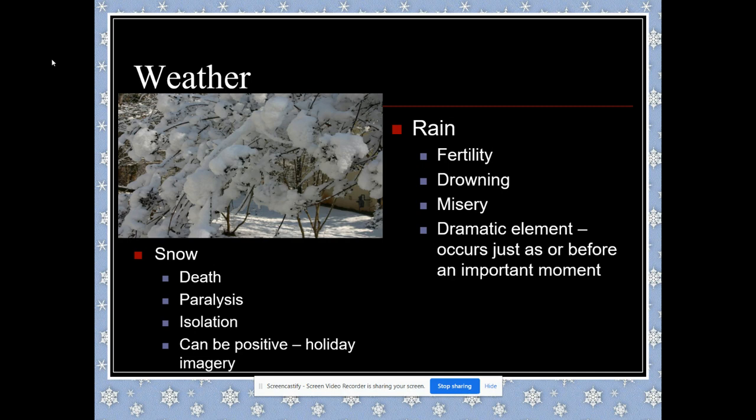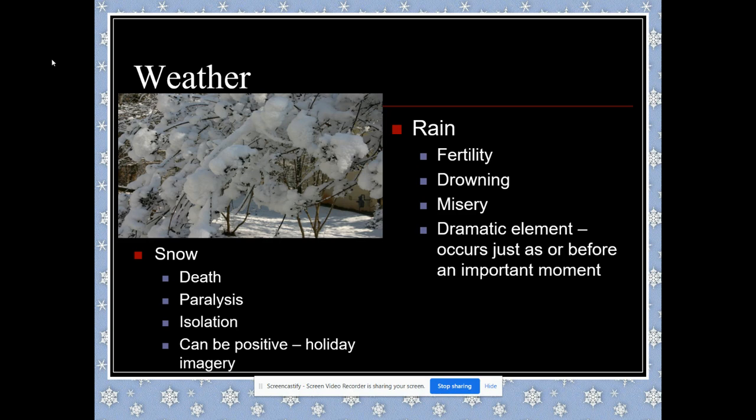Okay, just like there's no reason for an author to describe eating unless it has symbolism, weather is also important symbolically. There's no reason for an author to describe a rainstorm, for example, unless it has symbolism and some kind of meaning behind it. So commonly, snow indicates death or isolation, paralysis.